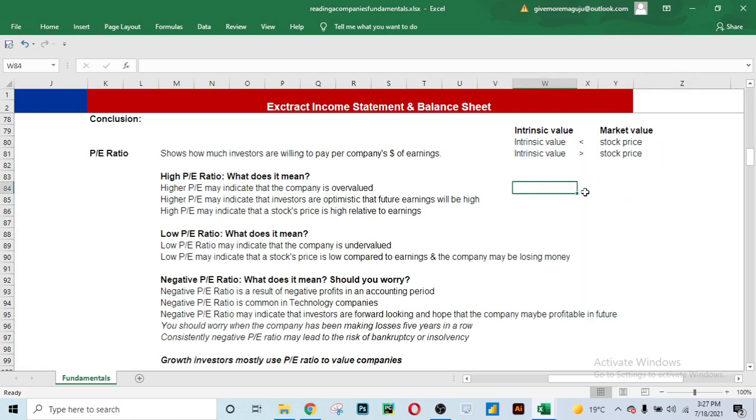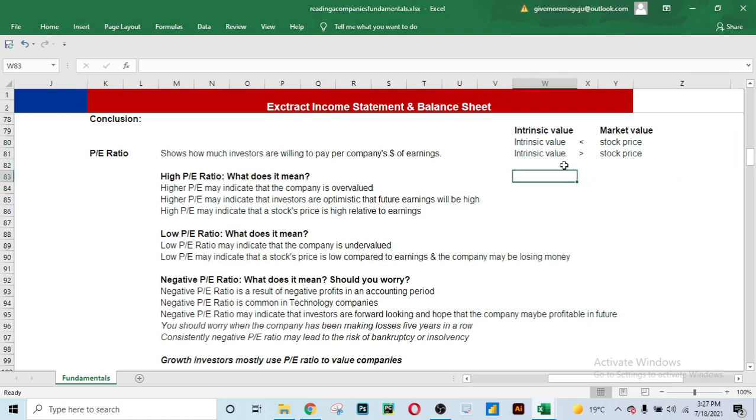There's the intrinsic value, which is the true value of the common stock, and the market value, which is the value that the market adds to the common stock, or what the market perceives about the common stock.